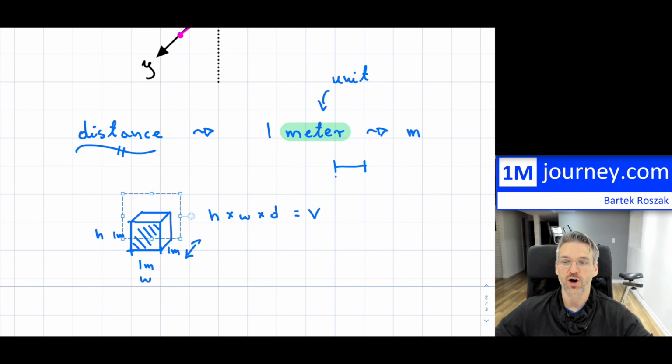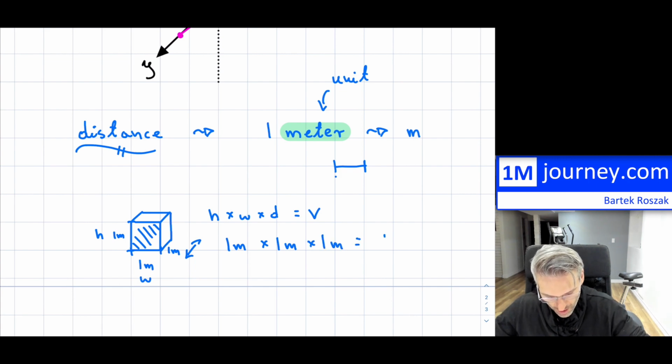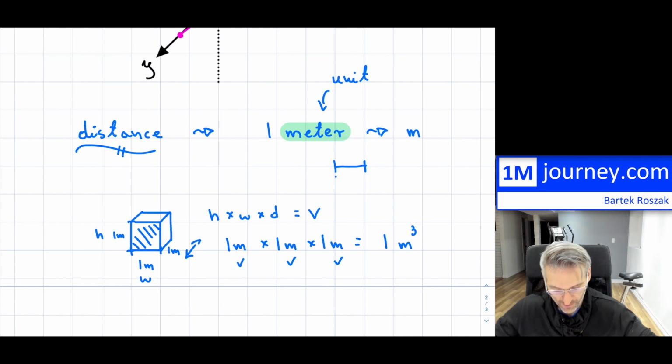And certainly, we can take objects and then we can say, well, how many of these units does the object occupy? And depending on the scale, we're going to be using a certain unit. 1 meter, right? So if we would take this and we would say that these are all meters, so 1 meter times 1 meter times 1 meter, well, that would have been 1. Now I have meter, and then there's 3 of them, so we put a little cube there, so that's m, m, and m, so that's 1 meter cubed.